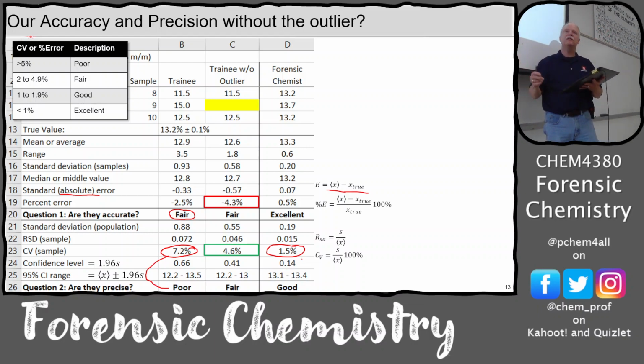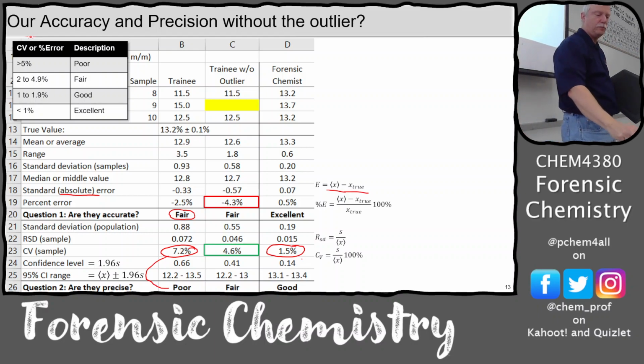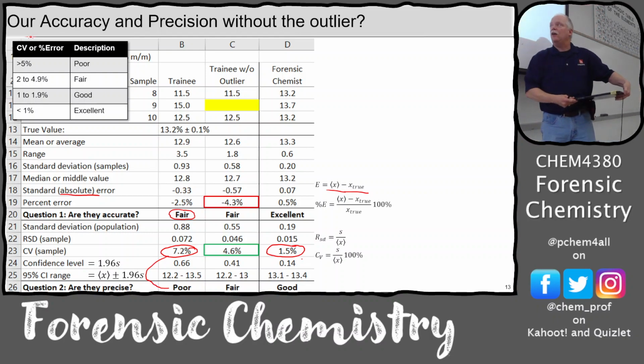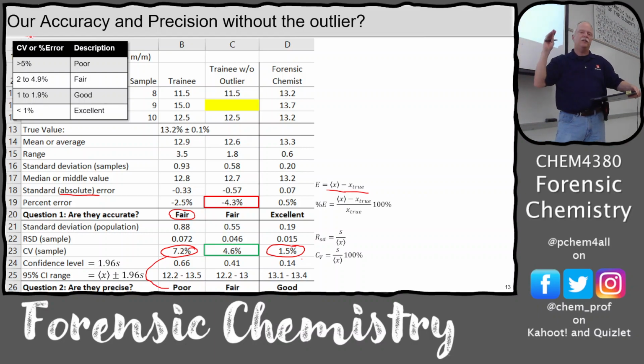Does that make sense? Okay, so these are the numbers in Excel. Here's all of the formulas for calculating these figures of merit. All right, so these are just judgment calls, these fair and poor and good or excellent, using that little table that I have up there.